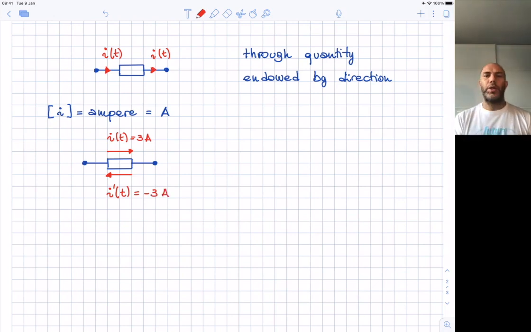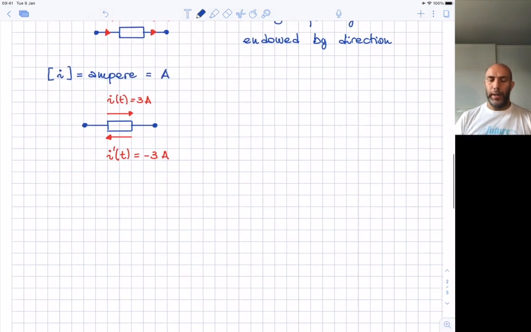So the direction of the current is taken into account also with the sign of the number that is associated to the current itself. The current can be measured, and to measure a current we use a particular instrument that is called ammeter.